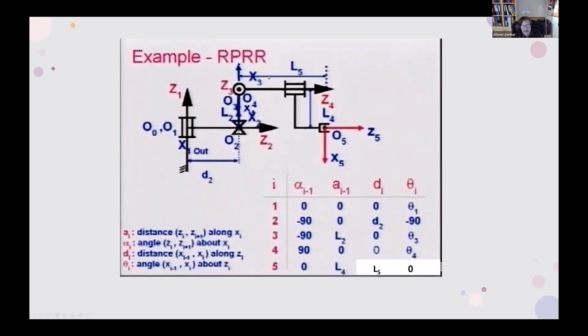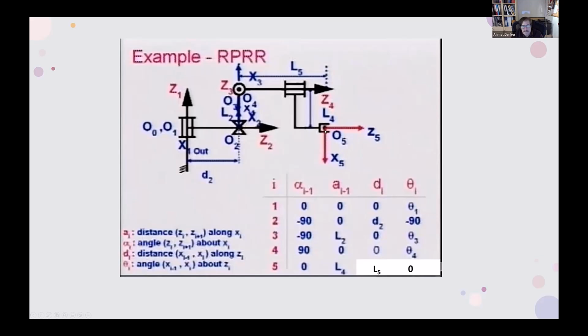Okay, so let's see how D is defined. D is defined as the distance between x5 and x4. x4 is going to be here, and x5 is here.